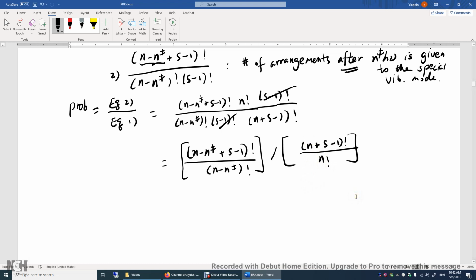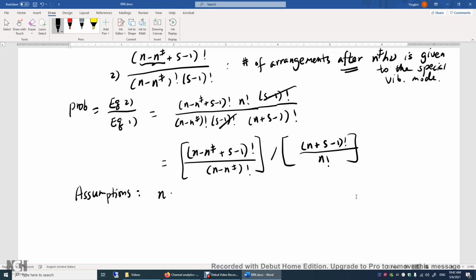Now we're going to make some other assumptions. Assuming we have many more energy quanta than the number of vibration modes, which is often the case.